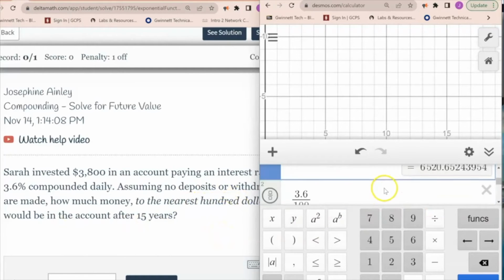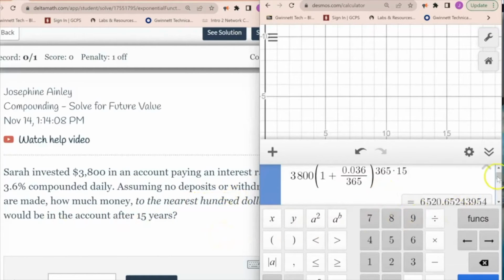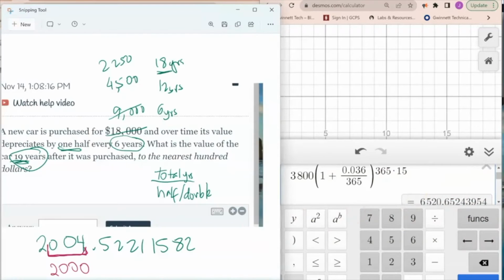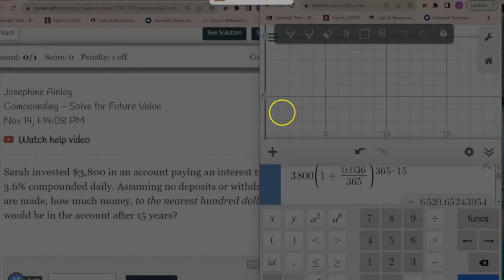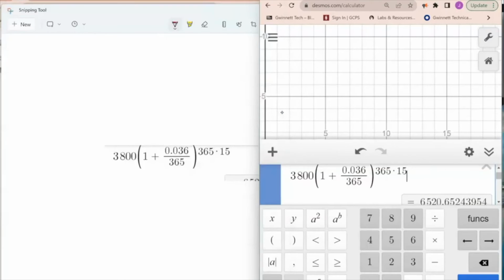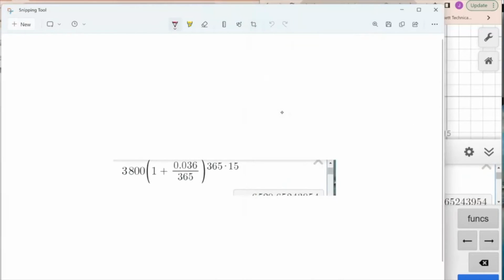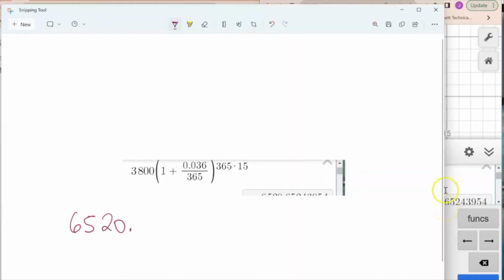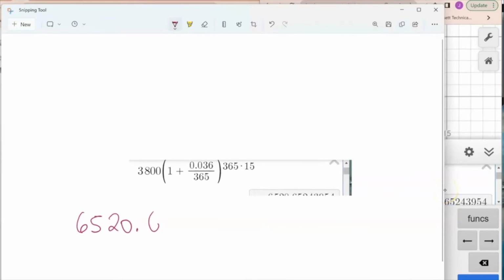Okay, so to the nearest $100. So that just means we have 6,5,2, 0.652 nearest $100.